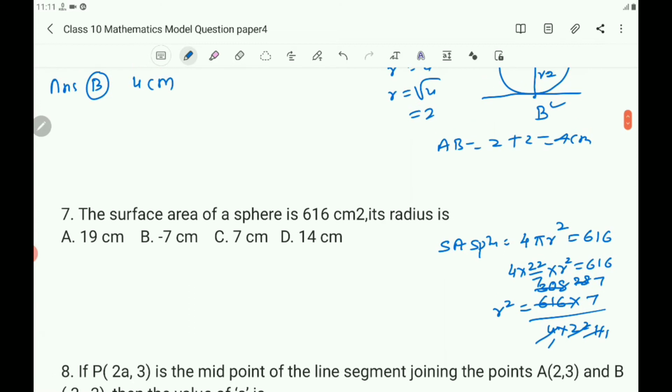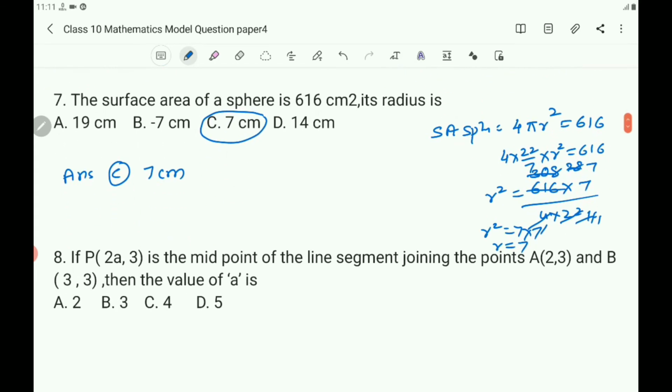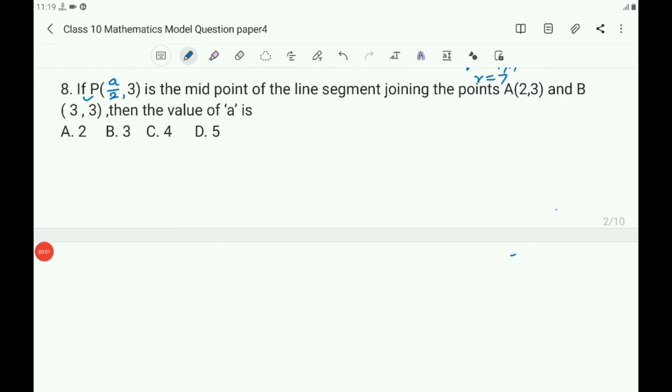So you got r square equals 7 into 7. So r equals what? 7. So what is the value here? C is the answer. R square equals 7 into 7, r equals 7. So you write the answer C, that is 7 centimeter. Answer is 7 centimeter.